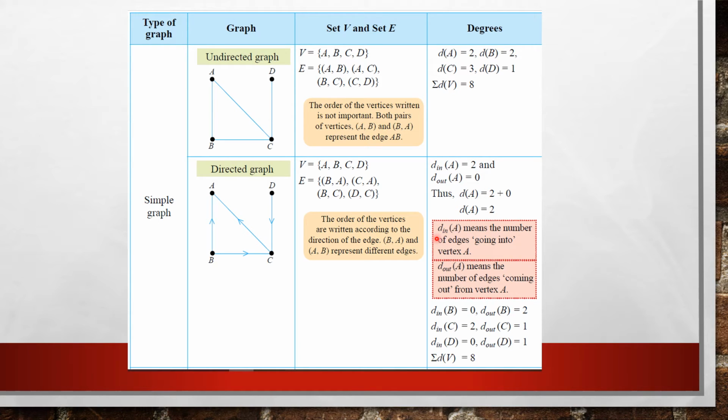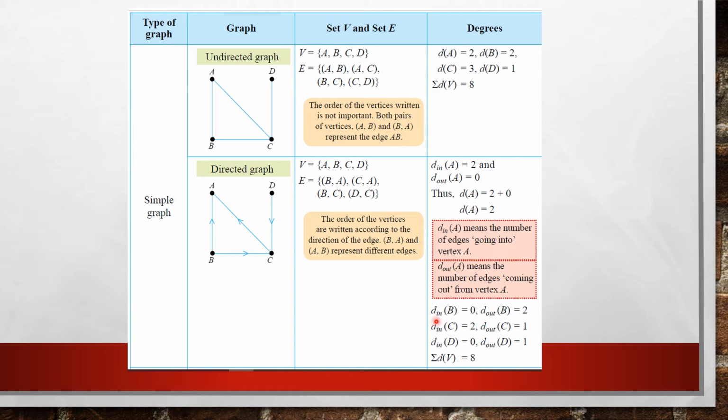You can read the explanation of degree in and degree out. Degree in of vertex A means the number of edges going into vertex A, and degree out of vertex A means the number of edges coming out from vertex A.